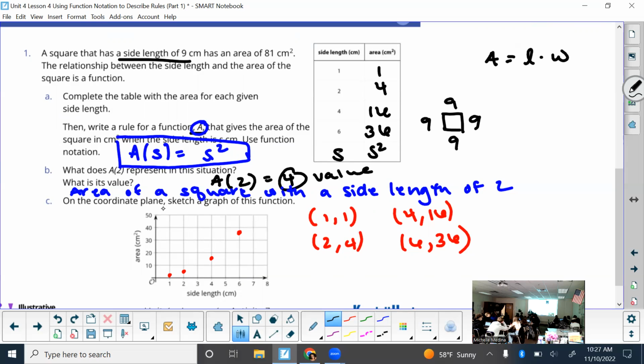Like in the real world, they probably don't measure things perfectly. They might have like 2.5 centimeters or something like that. Can you have a decimal of an area? Yes, you can. So because you can have a decimal for both, you can connect these dots. It is continuous. Questions, comments, concerns?